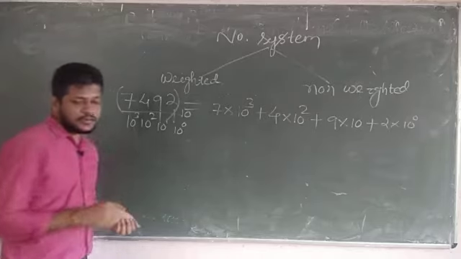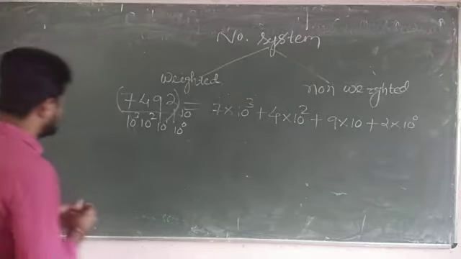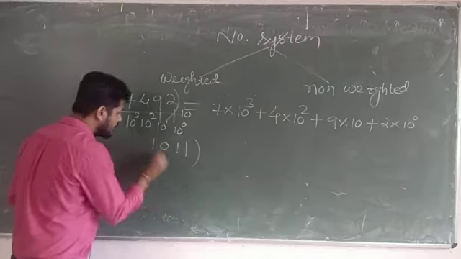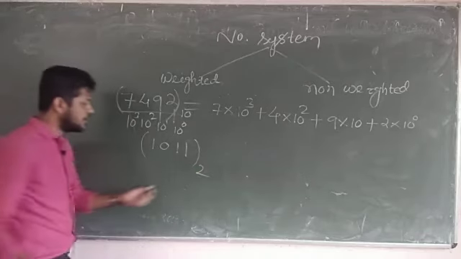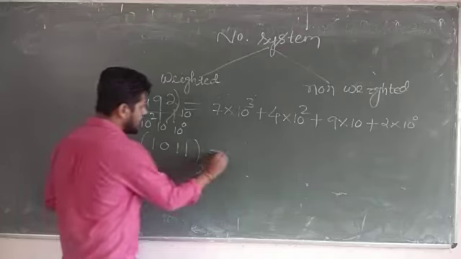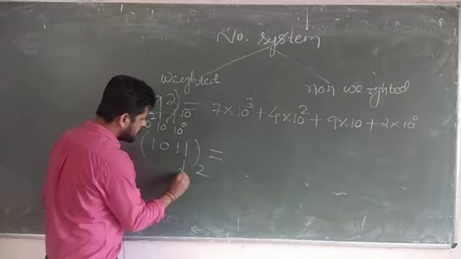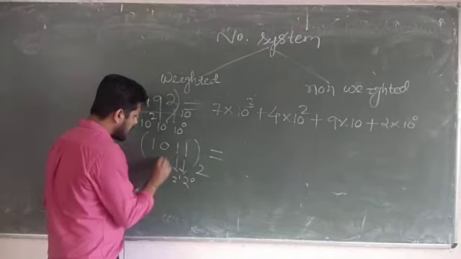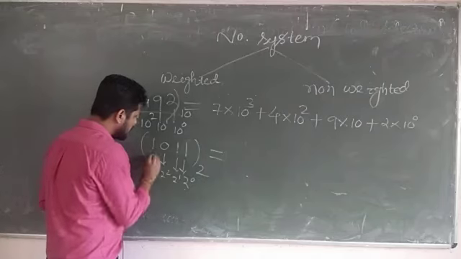So how can you write, for example, a binary number? If you are given a binary number, that is 1 0 1 1, how can you say this is a binary number? Because I have written the weight as 2. So how can I write this number? This position has 2 to the power 0 as its weight, this position is 2 to the power 1, 2 square, and 2 to the power 3.